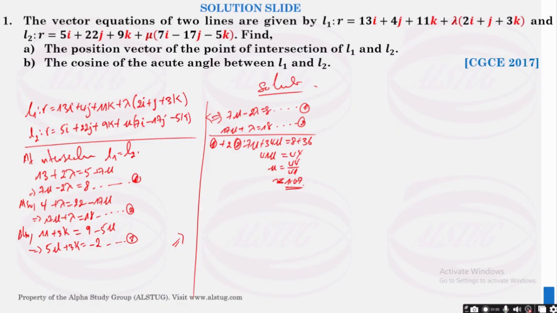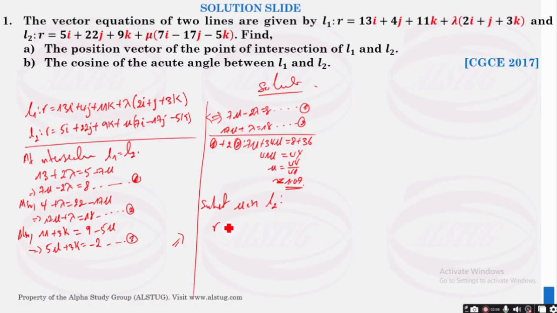Now, to find the position vector of the point of intersection, once you have found one of the parameters, it's enough. You don't need the other one. So once we have found mu, we can substitute mu in the equation where mu is found. Mu is in L2. We substitute mu in L2.